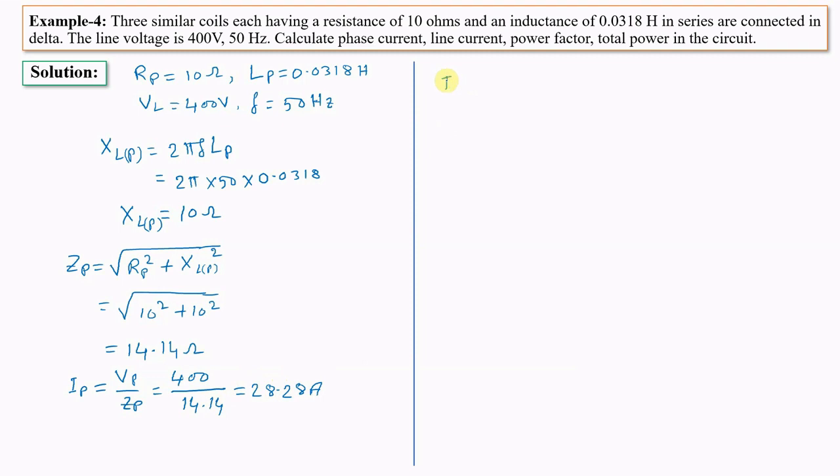For a delta connected system, the line current is root 3 times the phase current. So it will be root 3 into 28.28. So the line current will be 49 ampere. This is the line current.